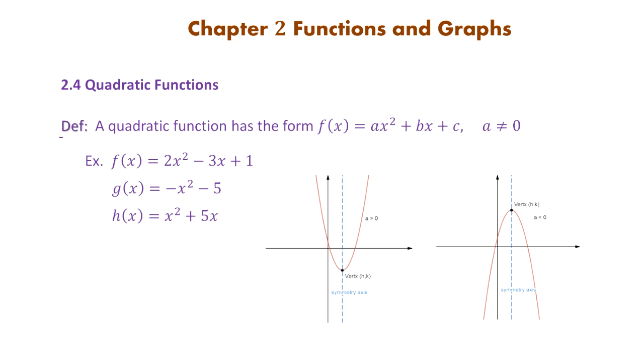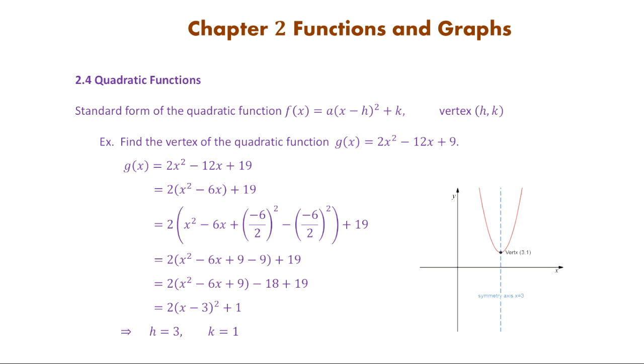Can we go to the next page? Yes. All right. Now we're going to talk about the standard form of the quadratic function. It's like when we solved quadratic equations by completing the square, we also wrote a function like this: a times (x minus h) squared plus k, if you still remember that.